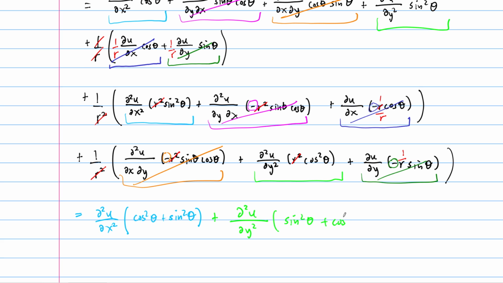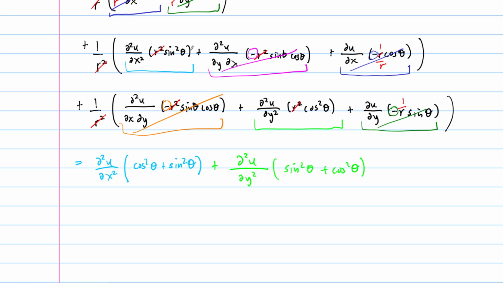And after all this work, we notice that sine squared plus cosine squared theta, these are both Pythagorean identities, so they cancel out in some sense. They're just equal to 1.